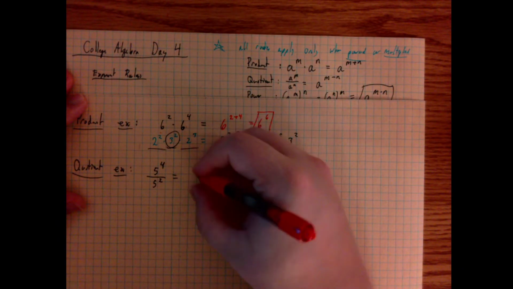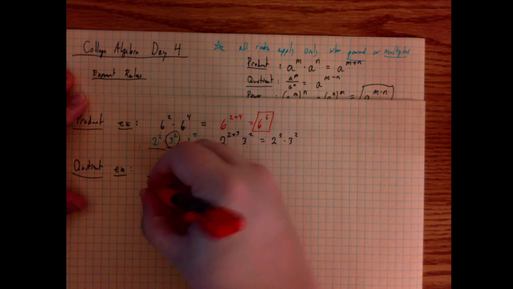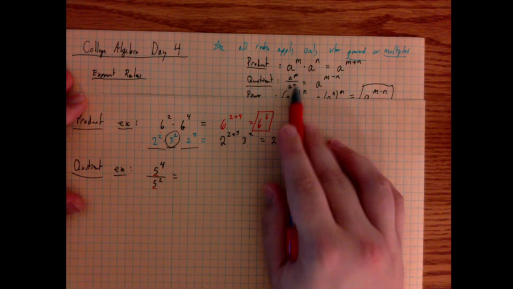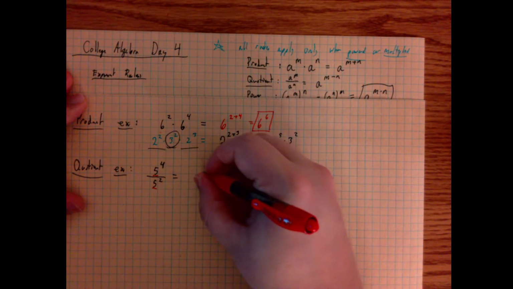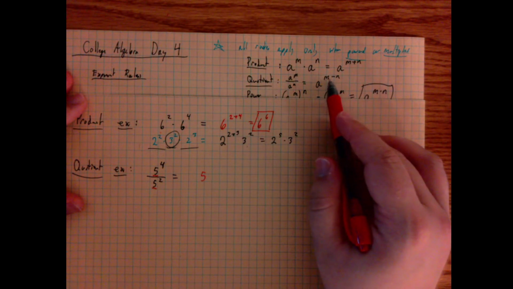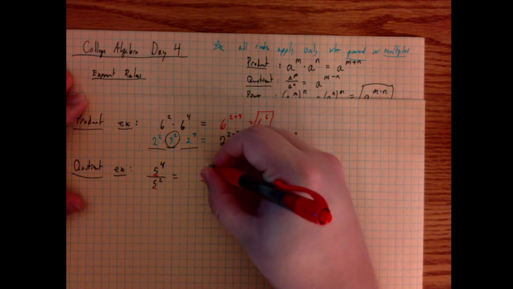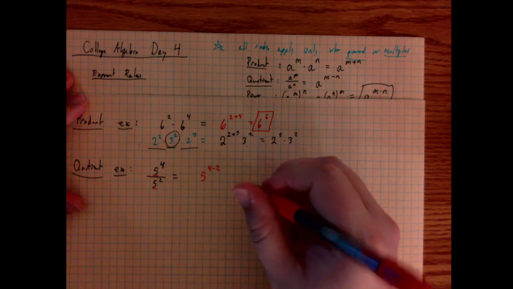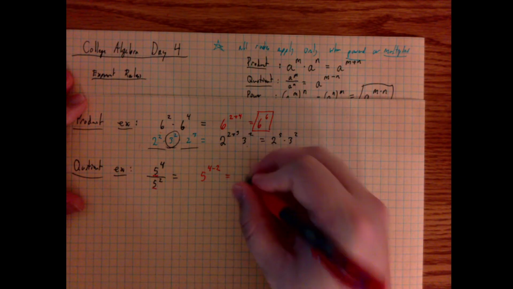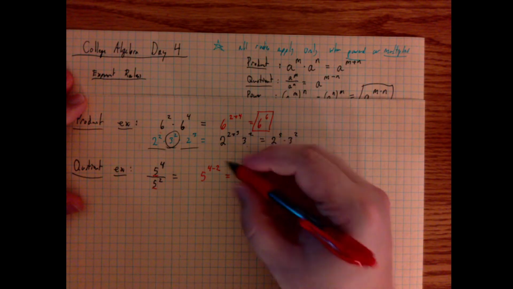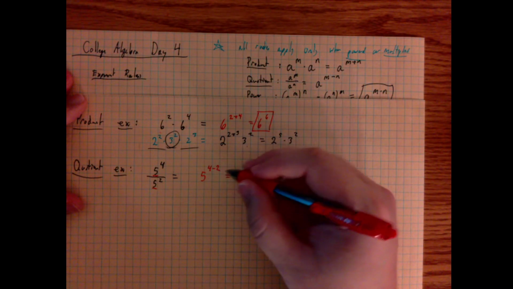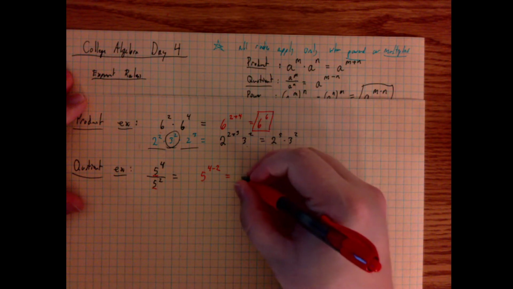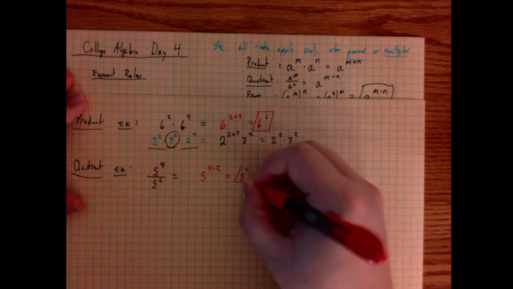If I use the rules, notice that these have the same base, 5 and 5, which is required by the rule. We take the 2 powers, we keep the same base of 5, and then we take the top number minus the bottom number. So in this example, 5 to the 4 minus 2. 4 minus 2 is in its own separate parentheses, so we have to evaluate that first. 4 minus 2 would be 2, so this becomes 5 squared.